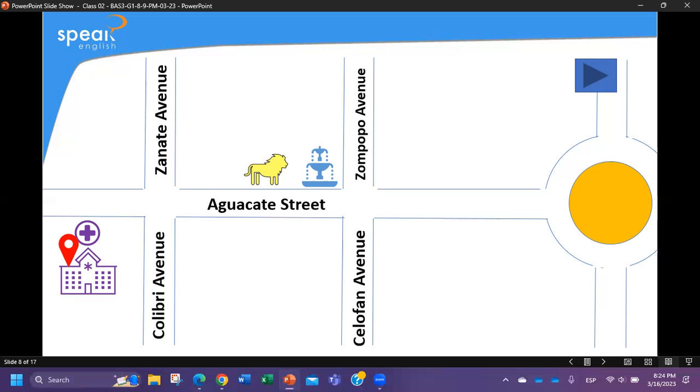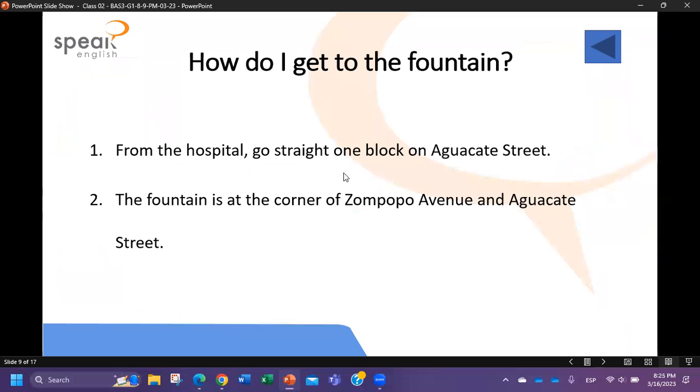Okay, very nice. Exactly. So from the hospital, go straight, and for the fountain, we can also say at the corner, if you want to be more specific, of Sompopo Avenue and Aguacate Street, and you will see it next to the zoo. That is another way that you can say the same information, okay?